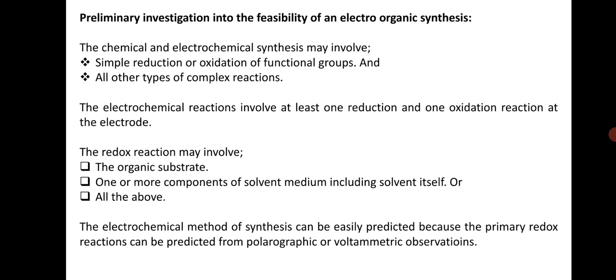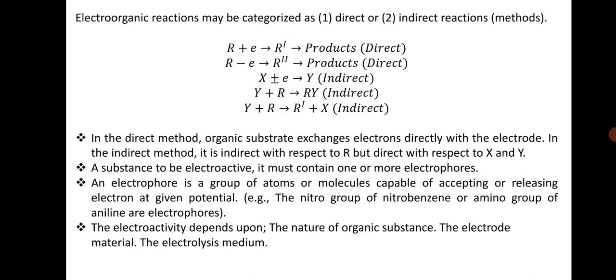The electrochemical method of synthesis can be easily predicted because the primary redox reactions can be predicted by either polarography or voltammetry.